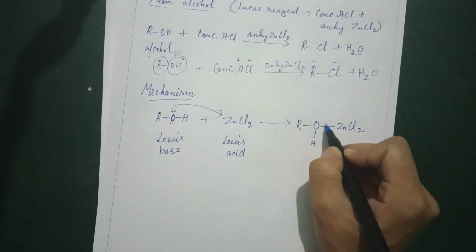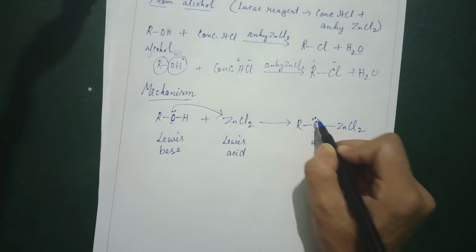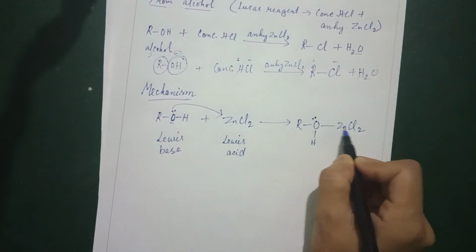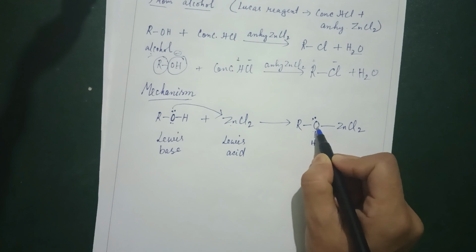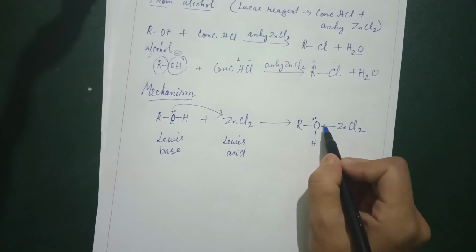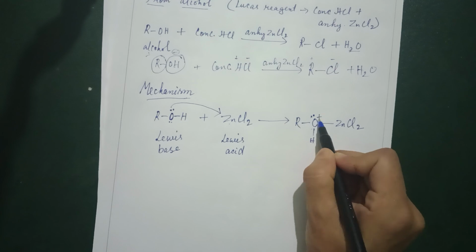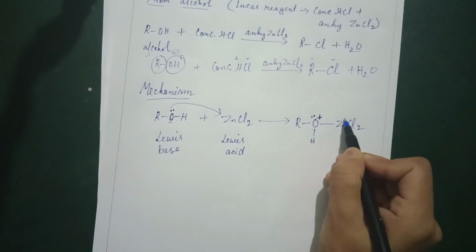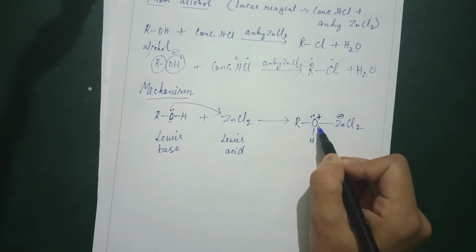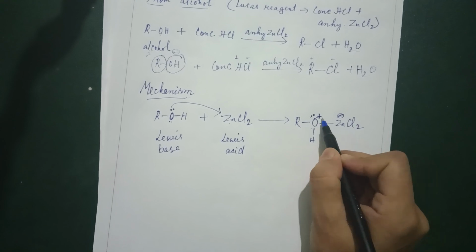One lone pair has already been utilized, another lone pair is still present. This lone pair belongs to the oxygen itself. Now it has bonded with Zn, so one belongs to oxygen, the other belongs to Zn. Oxygen is losing one electron, so it is positive, and Zn is gaining one electron, so it is negative. So oxygen carries a positive charge and Zn carries a negative charge.